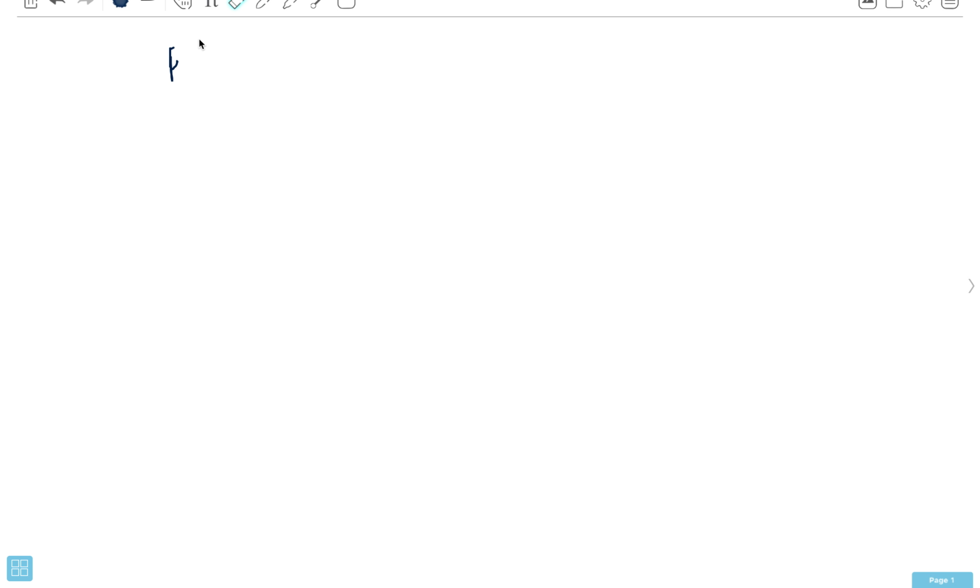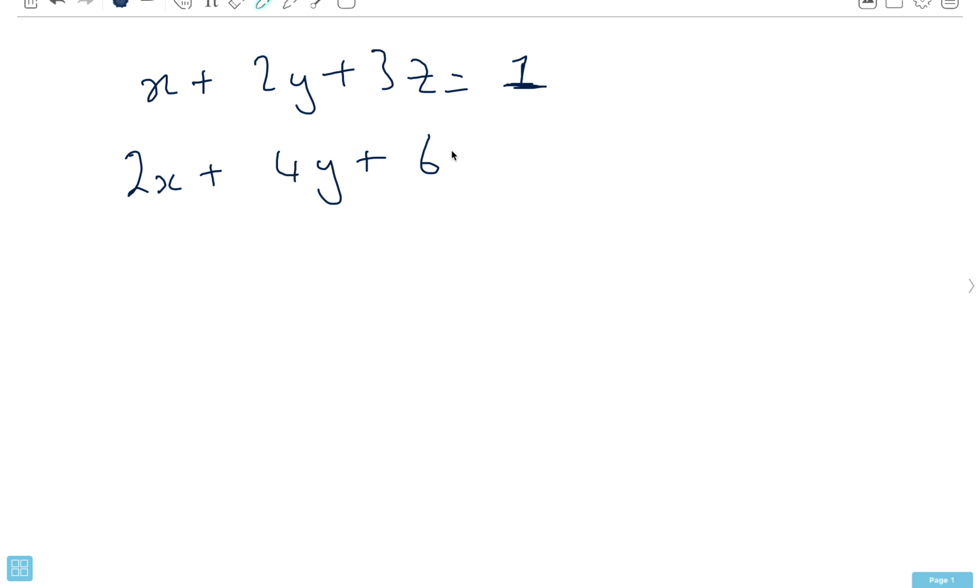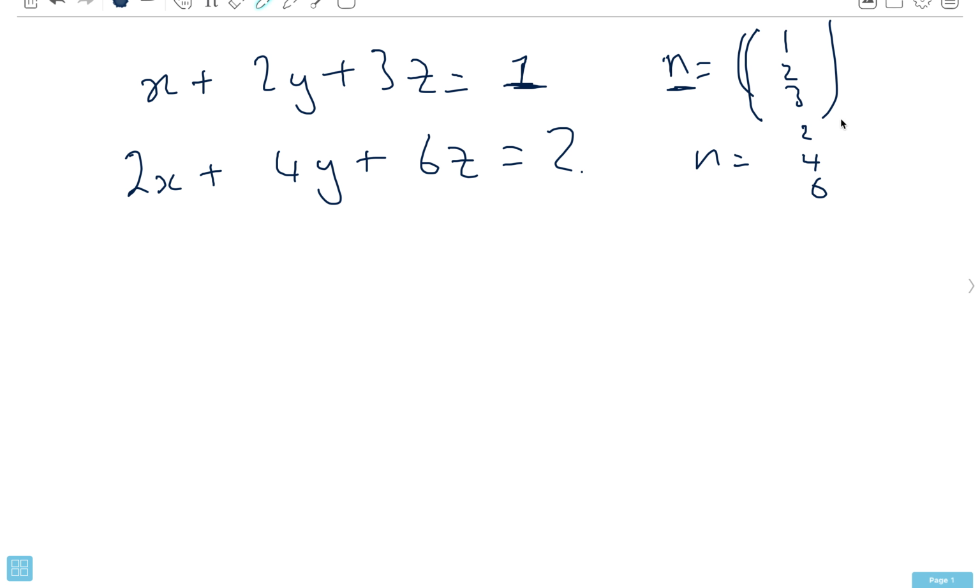So x plus 2y plus 3z is equal to 1, and 2x plus 4y plus 6z is equal to 2. Okay, so the normal vector for this is 1, 2, 3. The normal vector for this is 2, 4, 6.